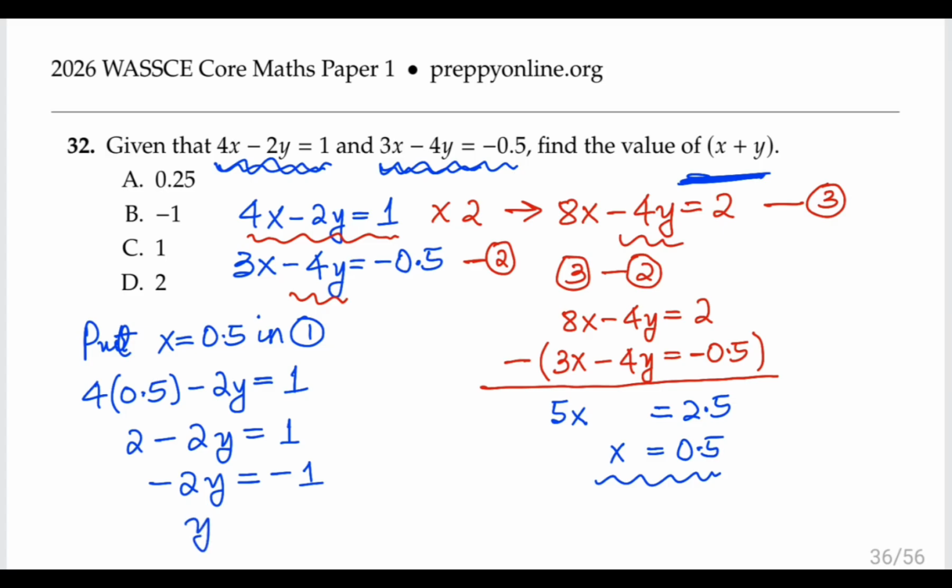That gives us y equals 1 over 2, or if you will, 0.5. So we have that x equals 0.5 and y equals 0.5. That means that x plus y is 1. So our answer is C.